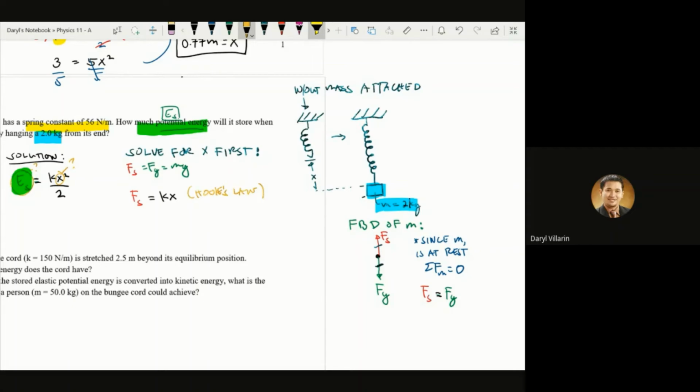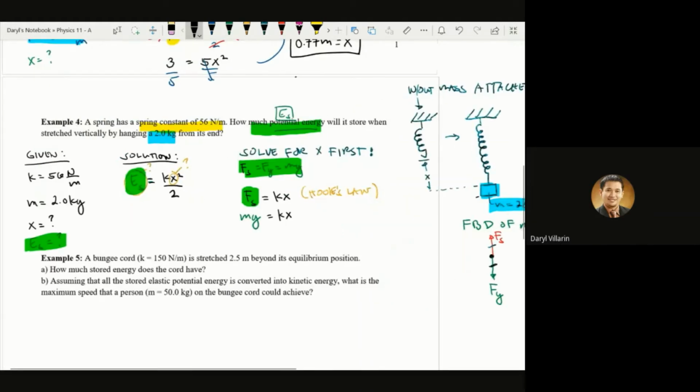But that is just the magnitude. So the magnitude of your Fs is equivalent to mg. So mg is equal to kx. The mass and g are constants, and k is also given, so you can solve for x.